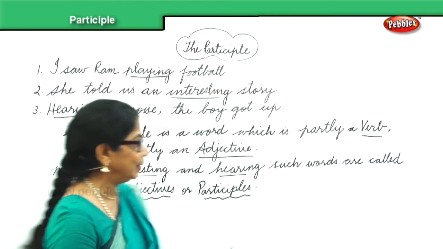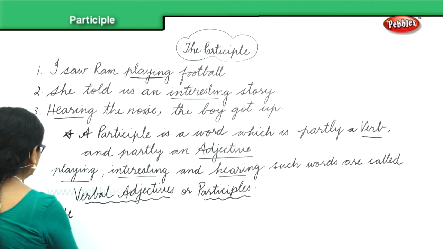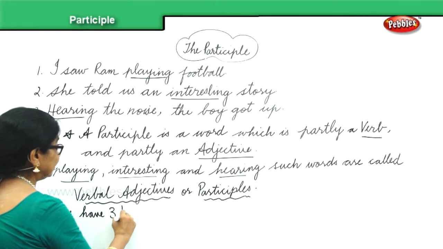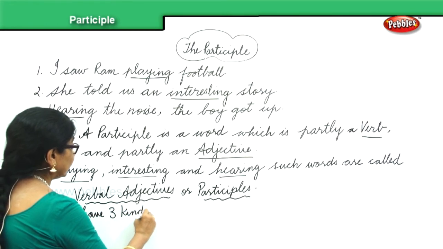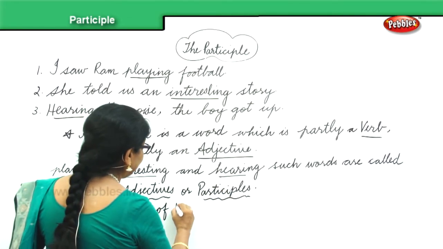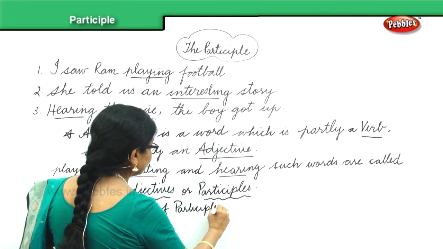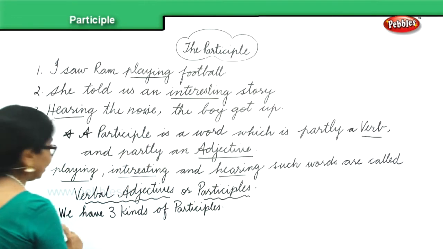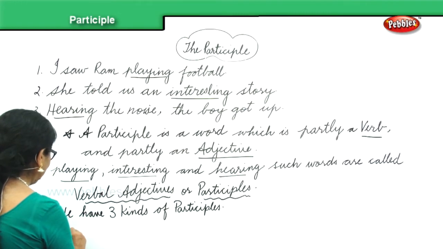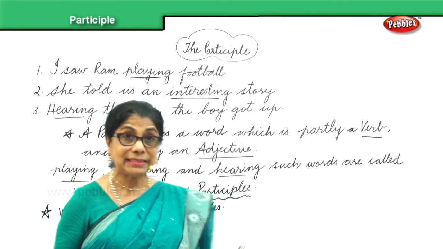So there are three kinds of participles. And the first one, number one, is the present participle.